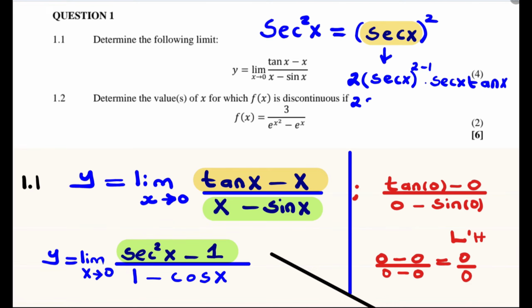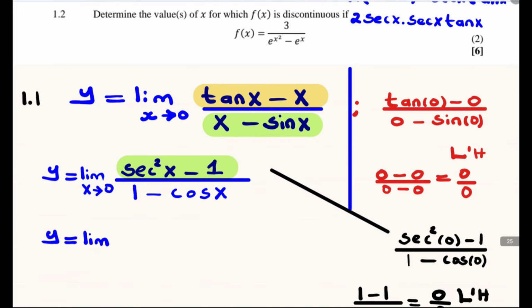So this is equal to 2 sec x multiplied by sec x multiplied by the tan of x. So the derivative of that sec squared x, we determine it to be equal to 2 multiplied by sec x multiplied by sec x multiplied by tan x, and the derivative of that negative 1 will be equal to 0.